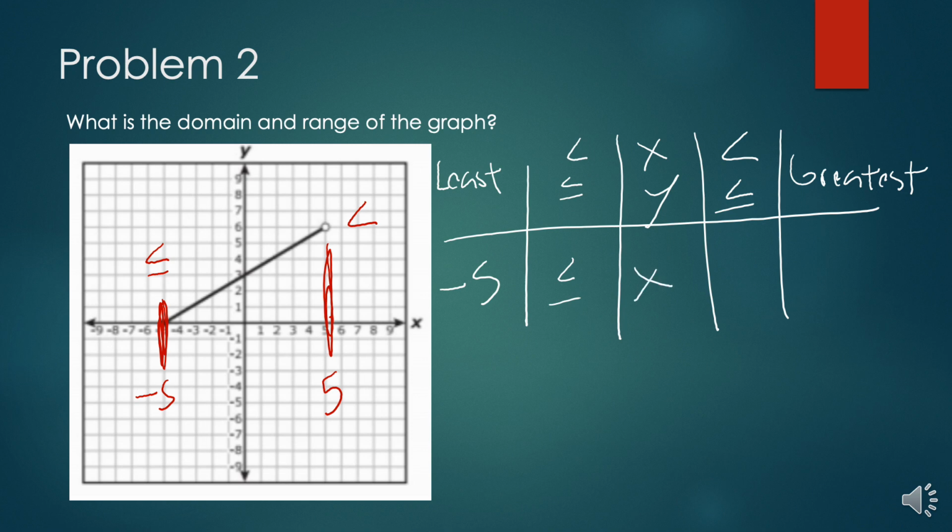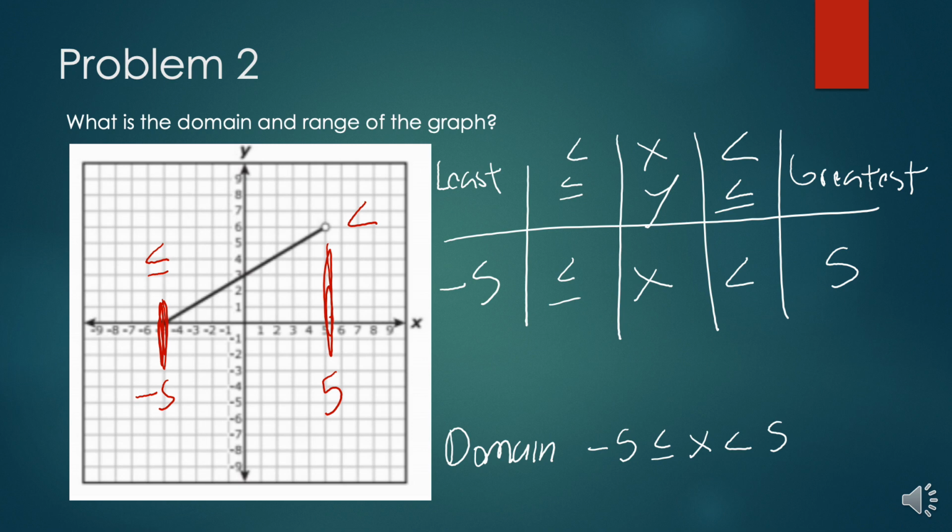Since we're talking about domain, that's x. We use a less than sign, and my greatest x is 5. So my domain is -5 less than or equal to x less than 5.